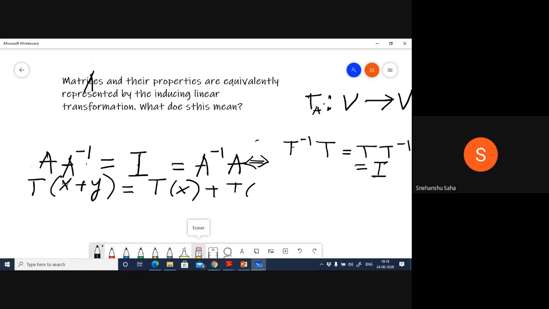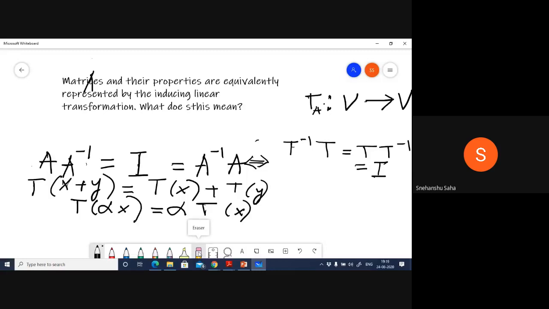This is the property of additivity, and this is the property which we call scalar multiplication. Now, x and y are elements drawn from your vector space V, and alpha is just a scalar. While x and y are column vectors, alpha is just a scalar or a number.